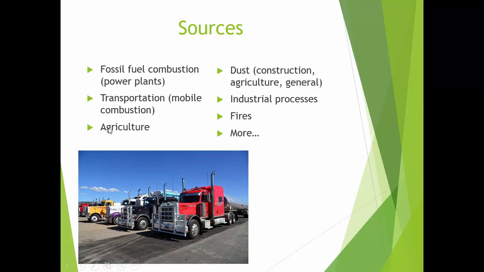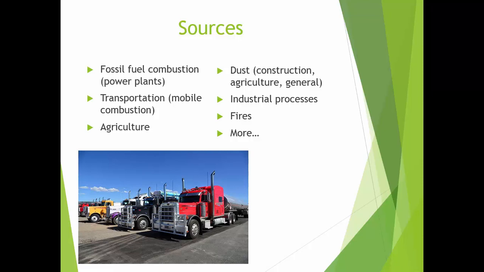Agriculture is another big source. Not only when you dig up soil, that's putting particulates into the air, but also all the fertilizers and the tractors that are running to till the soil or to harvest things. Those are all different sources within agriculture of pollutants.